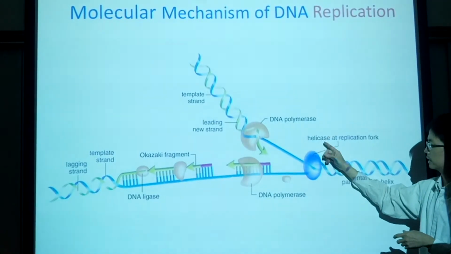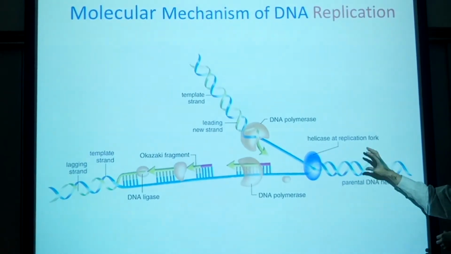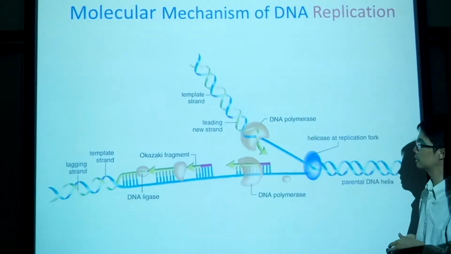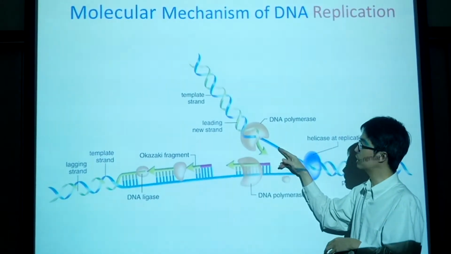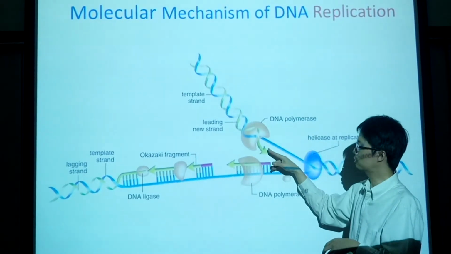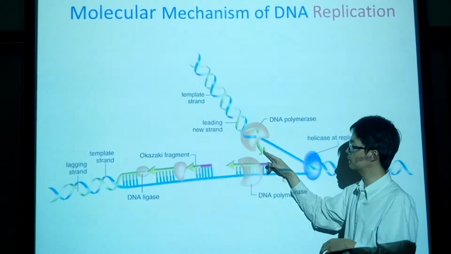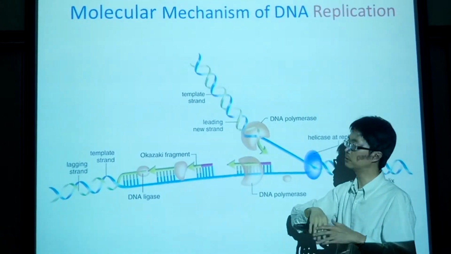So it's a helicase. It keeps on unwinding the double helix, unwinding the double helix. And then you have the leading strand here. The leading strand, because the green newly made DNA is all made from 5' to 3'.